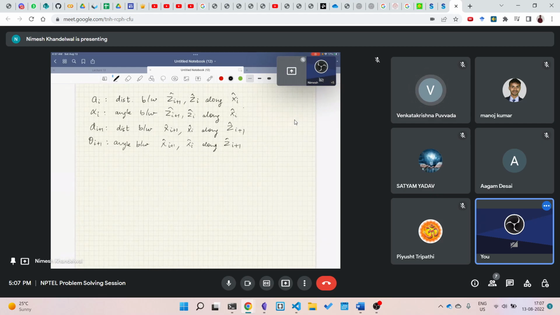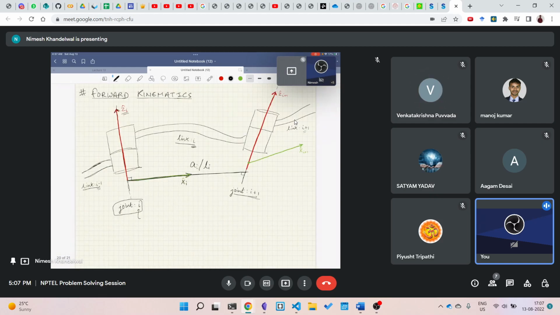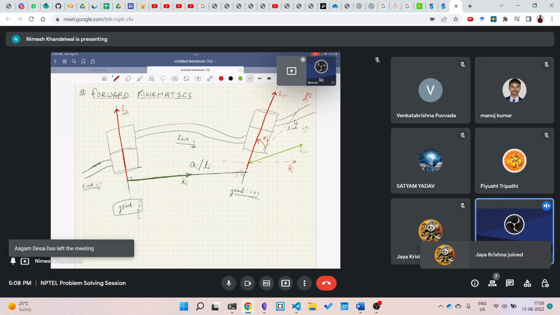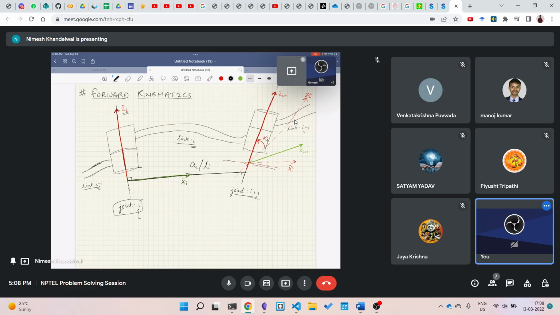Now, using this, I'll try to mark these in the diagram. This is our Zi. This angle along Xi becomes your alpha I, and this distance, which I'll mark in black, becomes your d I plus 1.